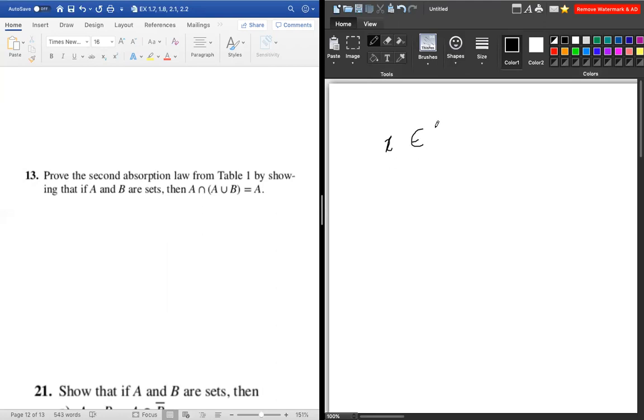So X belongs to A intersection (A union B). Or in terms of thinking, you can think of it as this in the logic.